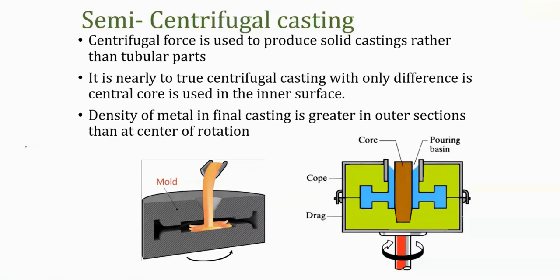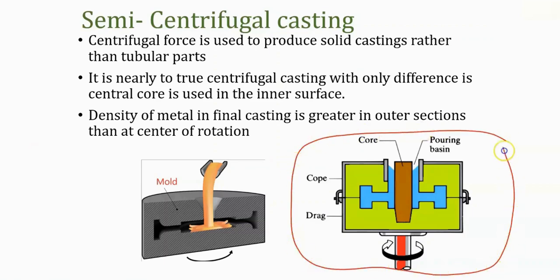Then the next type of casting process came into play, the semi-centrifugal casting, where you can see the structure is somewhat similar to our sand casting process, right? Here you have the cope and drag boxes, the pouring basin, and the core to form inner hollow structures.